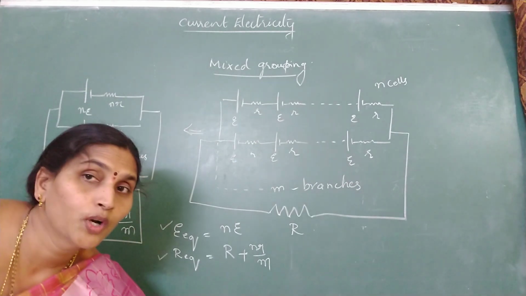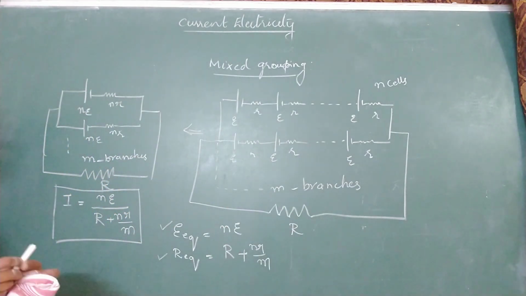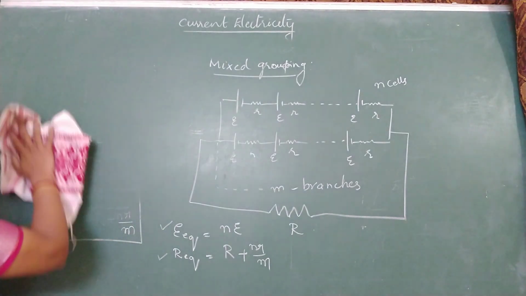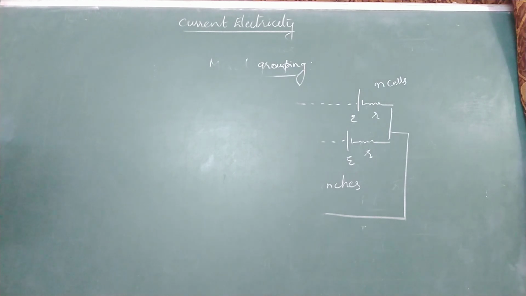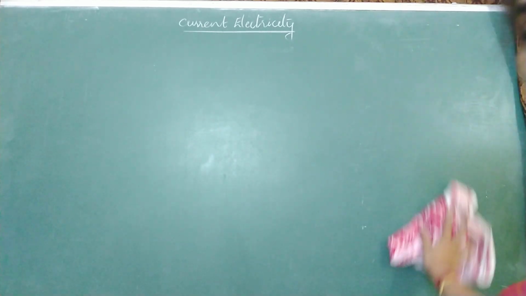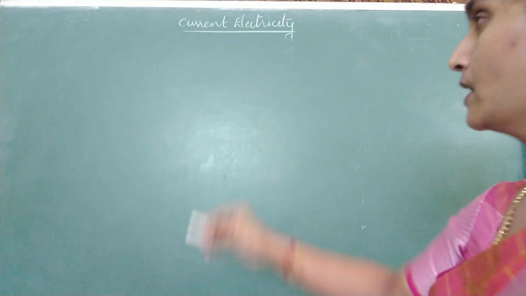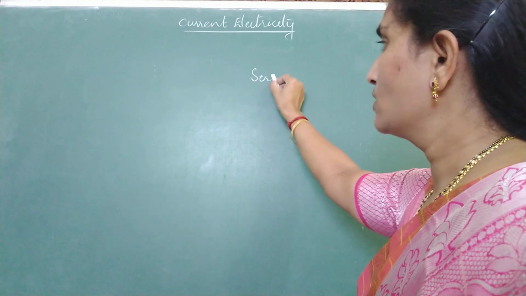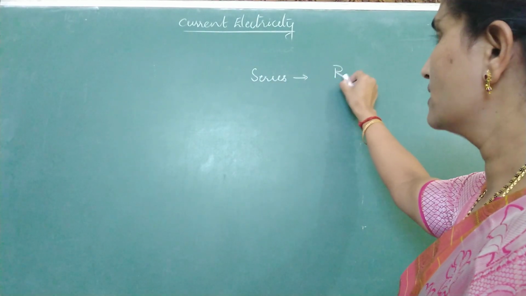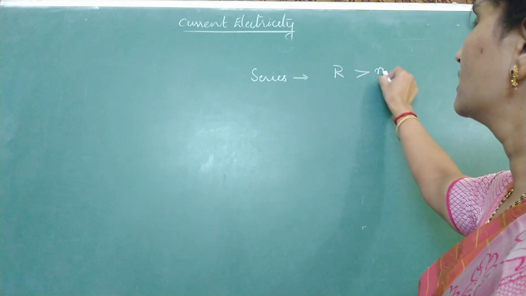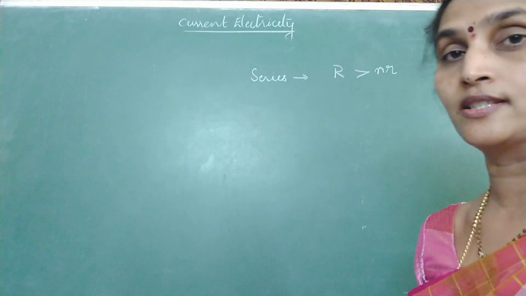But one important point to remember in mixed grouping of cells or all these 3 types of groupings, remember these relations. Okay, I am not showing you the derivations, but I will give you the conditions. When do we prefer series combination of cells? See, series combination of cells is preferred when external resistance is greater than total internal resistance.